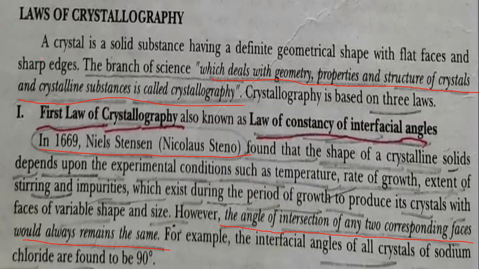So what is the first law of crystallography? It is also called the law of constancy of interfacial angle. According to Nicolas Steno, the angle of intersection of any two corresponding faces would always remain constant under any condition of crystal formation, even though there may be impurities, stirring, and other factors.